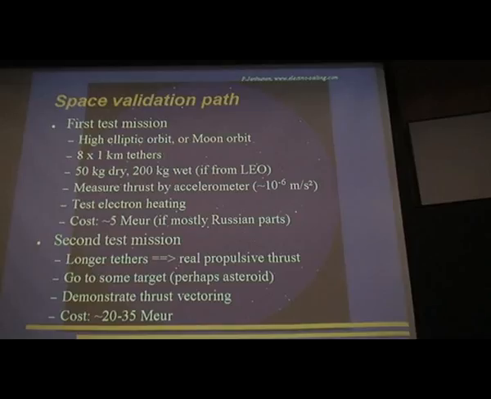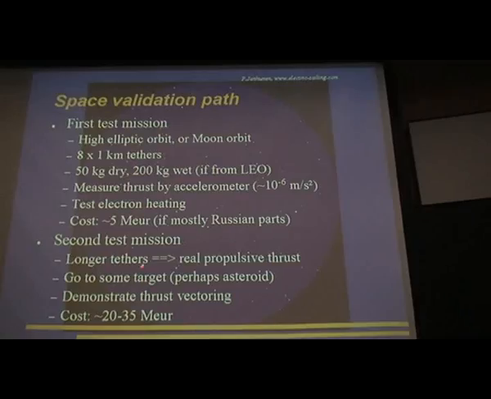This would simplify the mission design also. And at the same time we would certainly test electron heating. The objective here would really be to verify that the principle works and measure quantitatively the thrust in different solar wind conditions and different voltages and different radio frequency heating rates.